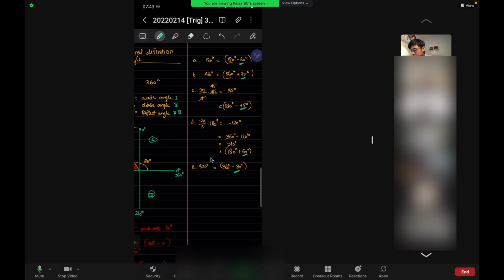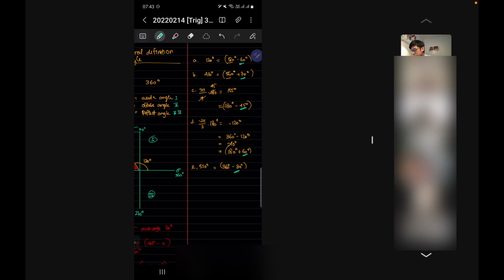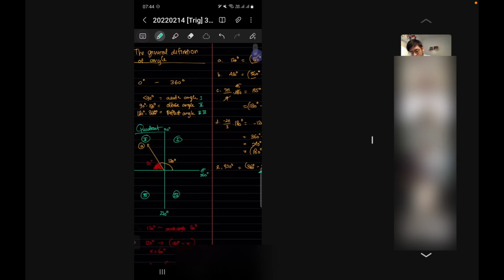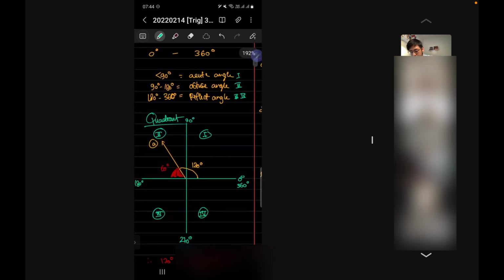Okay, so now we are on page 123. Now we are talking about the ratios. Okay, if you see this quadrant, then this quadrant actually represents something like a Cartesian diagram, where the x here is x positive, this is x negative, this is y positive, and this is y negative.